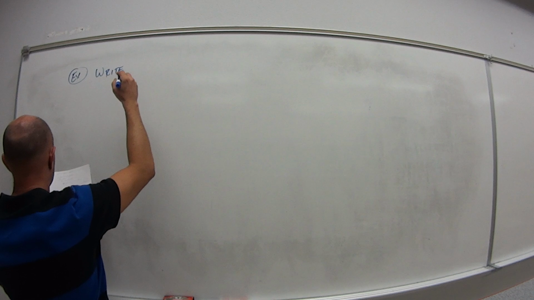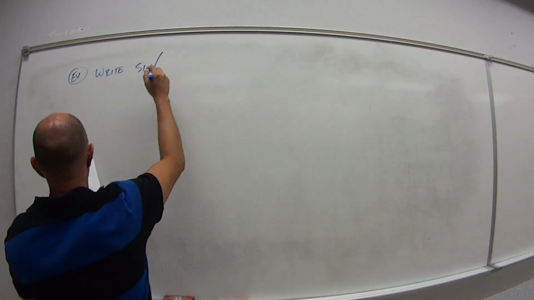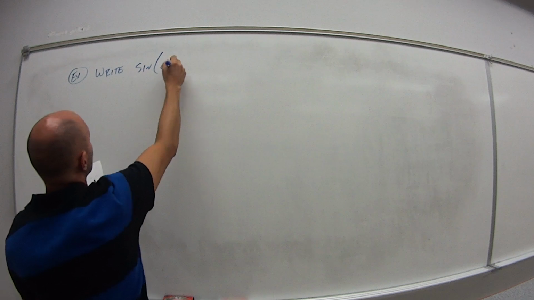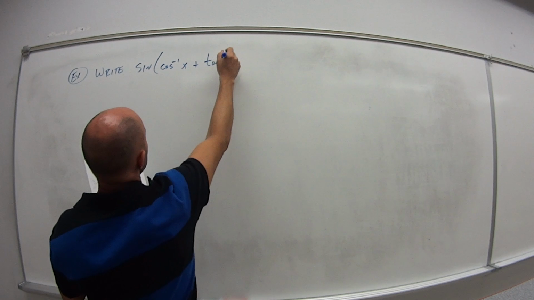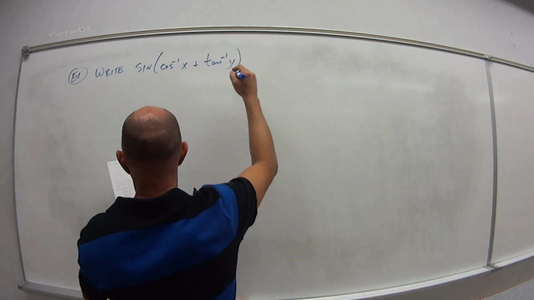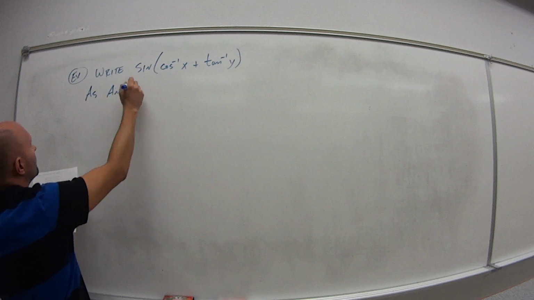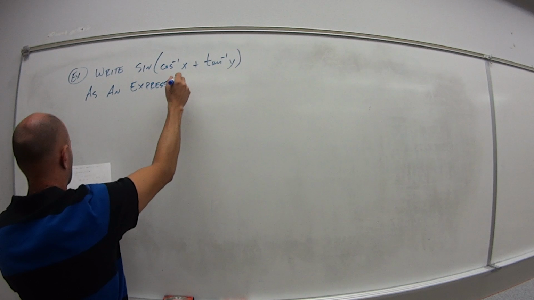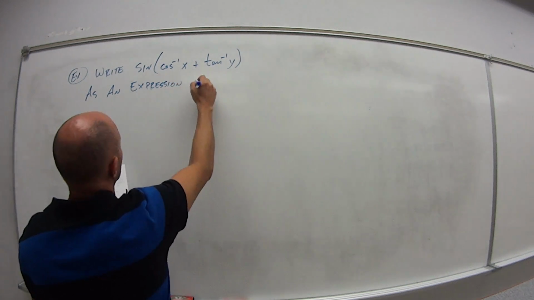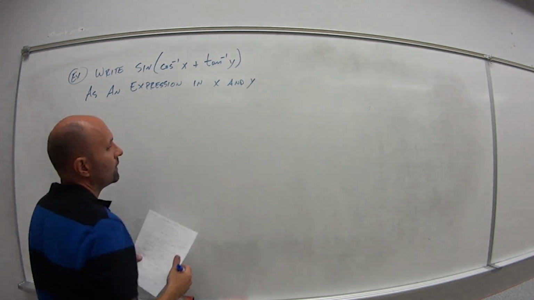So the example says we want to write, and this is the way it'll be worded, sine of cosine inverse of x plus tangent inverse of y as an expression in x and y.